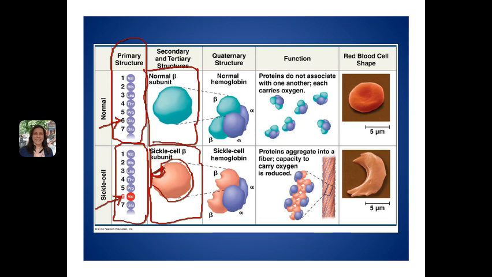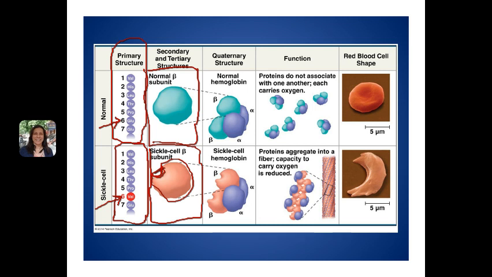Now you remember that hemoglobin has quaternary structure. You actually have 4 polypeptide chains interacting with each other. And beyond that, in normal hemoglobin, the individual hemoglobin proteins don't interact with each other. They can pass very near each other, they can be in contact with each other inside the red blood cell, but they don't stick to each other.